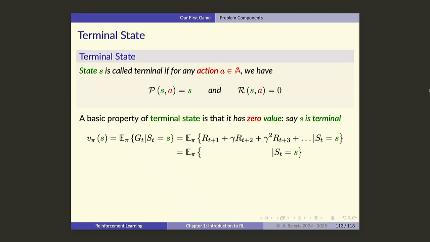Now, the immediate reward is 0. The next one is 0. Everything after that is 0. So all of them add up to 0. This future return is going to remain 0, and the expectation of 0 is always 0. And it doesn't matter what your policy is. So this is a natural property of your terminal state. When the game is over, you're not going to collect anything anymore, right? Everybody's cool?